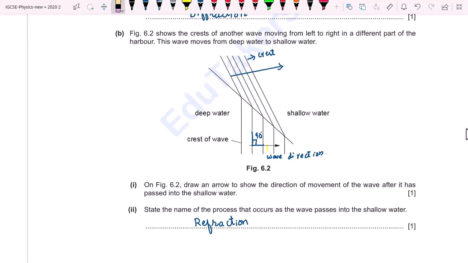First of all, count these crests: 1, 2, 3, 4, 5. There are 5 crests in the deep water, and in the shallow water 1, 2, 3, 4, 5. Again there are 5 crests in the shallow water. It means that the frequency remains the same, because frequency is the number of cycles or number of crests. So I write here frequency.